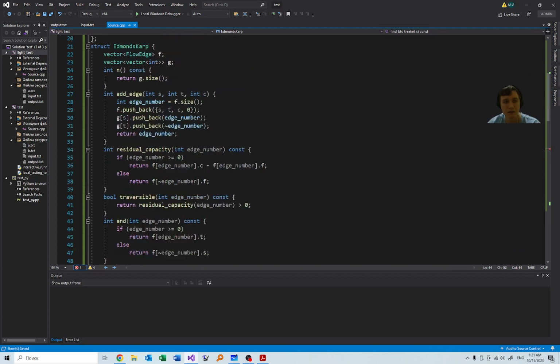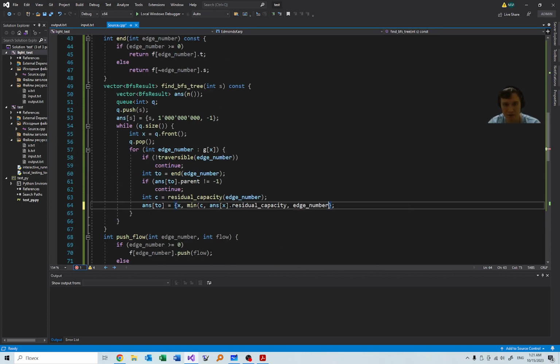And finally, the edge number is edge number.